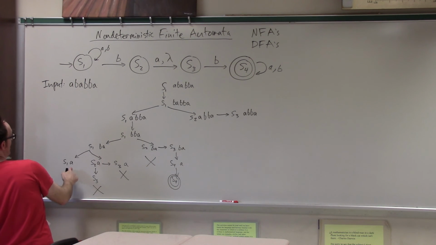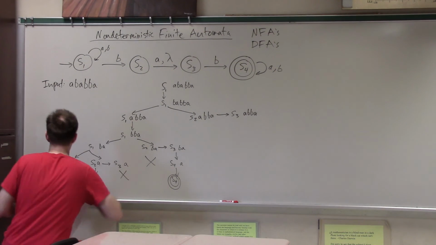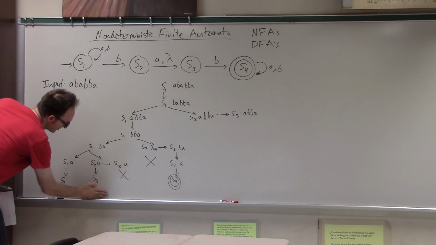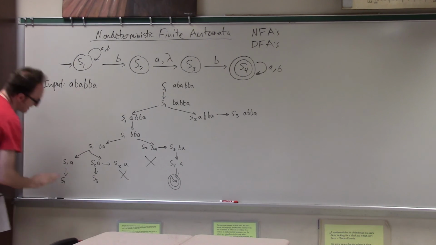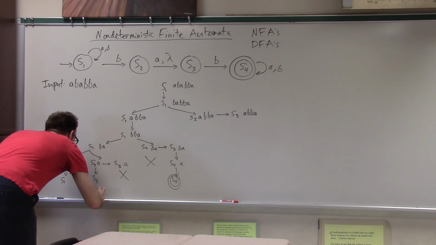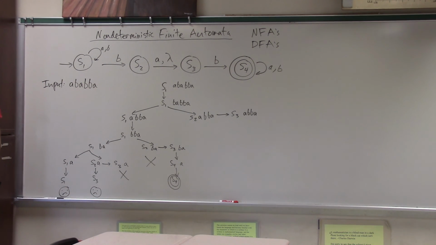Same thing for S1 with A: I go to S1 and I now reject the string. I want a different notation here than die, because the machine's not dying due to having no direction. It just ends in S3 and it's not an acceptance. We can do a frowny face. The frowny face indicates that we do not accept the string.